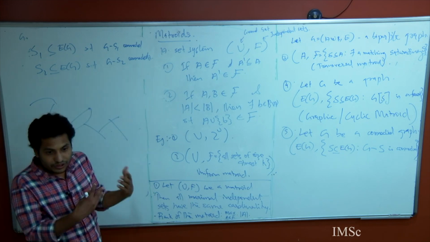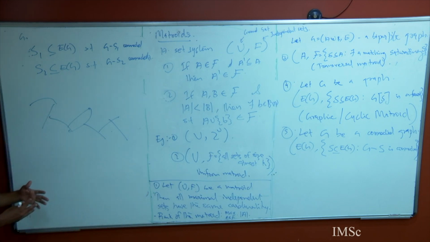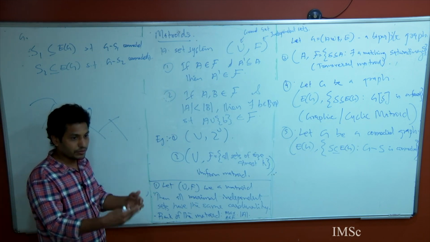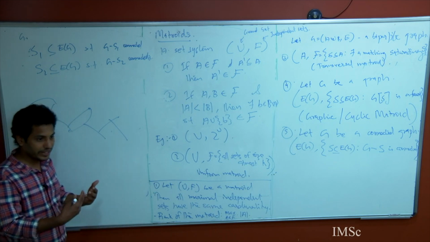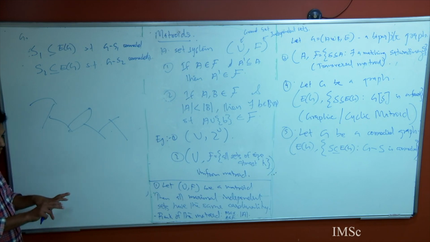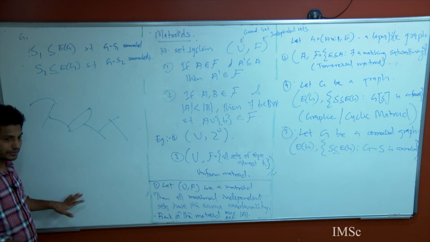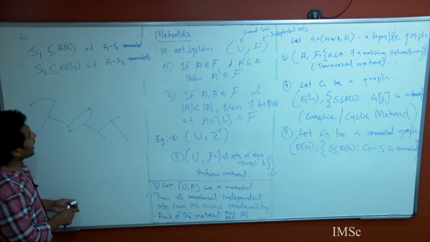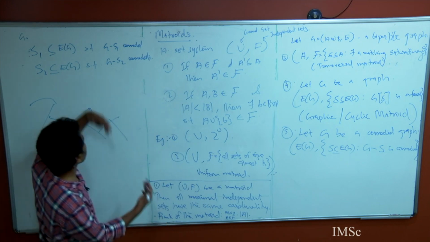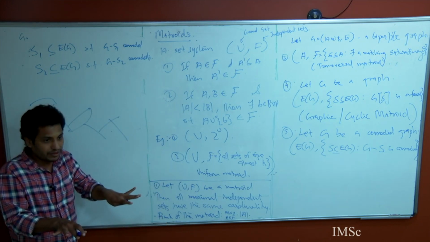Okay. So suppose G minus S2 is not connected, then what will happen? All the edges in S2 are cut edges, right? So delete the edges in S2 one by one. You keep deleting, and each time you delete a cut edge, the number of connected components increases, right? And for the sake of simplicity, assume that S1 and S2 are disjoint for now, okay?